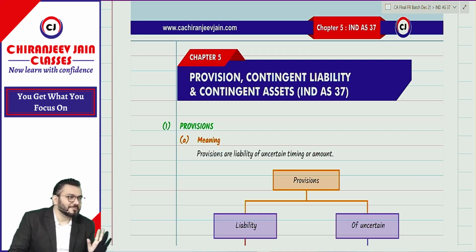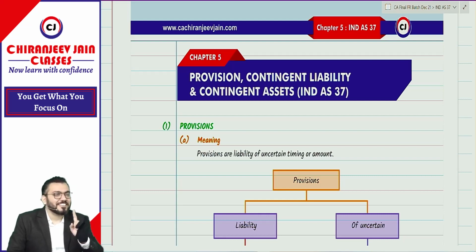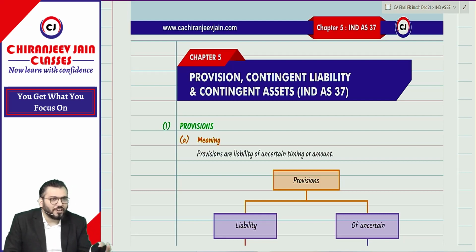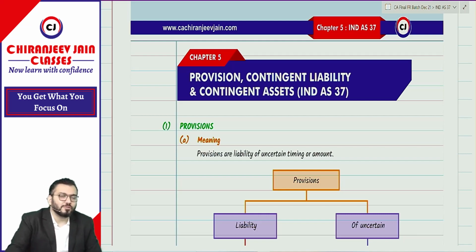And do you know AS 29? Of course you have done it: provisions, contingent liabilities and contingent assets. A very simple chapter. I hope everyone knows AS 29, no doubt about this. Is there anyone who has not studied AS 29? Or has studied but has not understood?